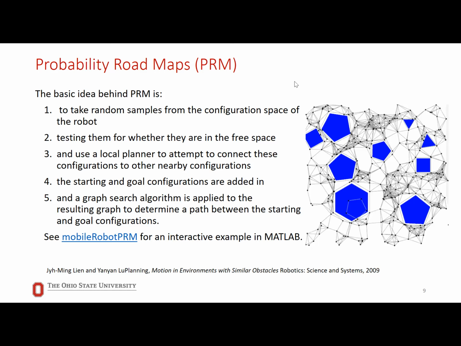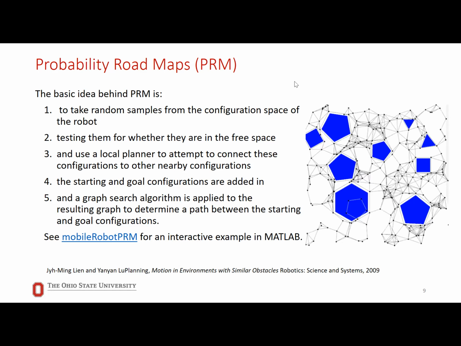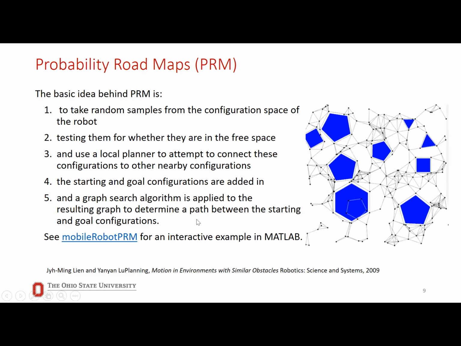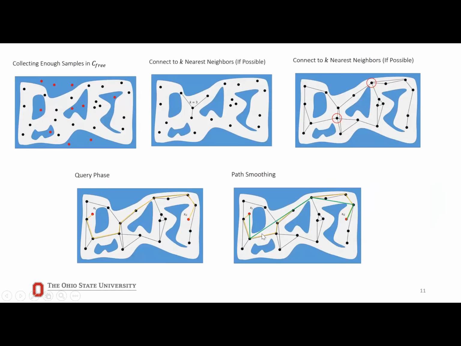Use PRM. It randomly finds points next to where it should go, explores from them, connects, and then finds a way. This is very interesting. Watch this. It is in MATLAB. You should be very well versed in MATLAB right now, at least in our field.